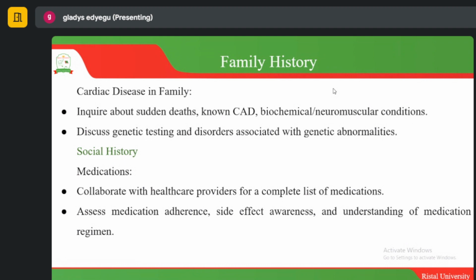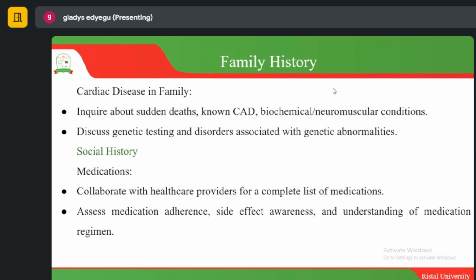So the cardiac disease in a family you should get to know. Inquire about sudden death, non-coronary heart diseases, or cardiac diseases. Find out from them, is there someone who had such a condition? Is there someone who was maybe having hypertension?